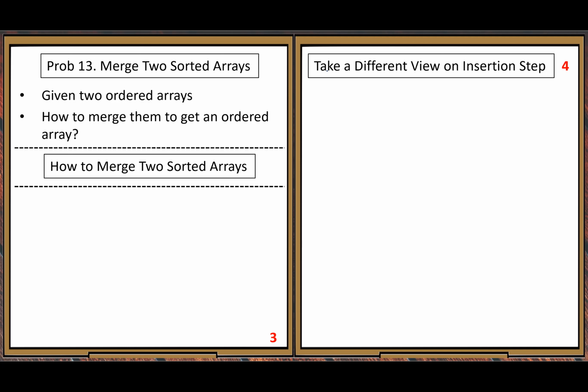From the insertion step, we want to modify it a little bit to make it the merge step. So we start with the insertion step, make some modification, then we try to find a solution of the merge operation. So let's look at that insertion step.